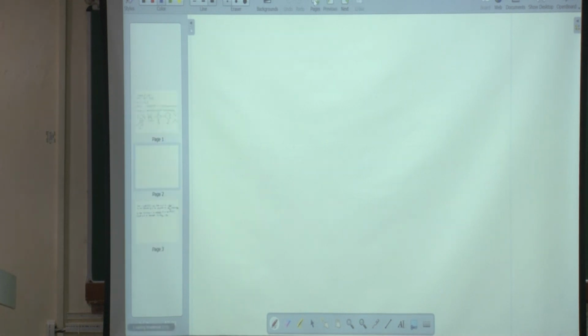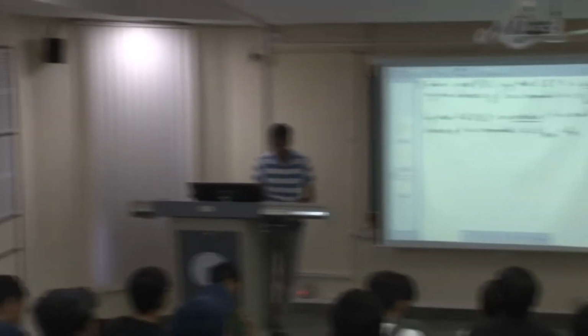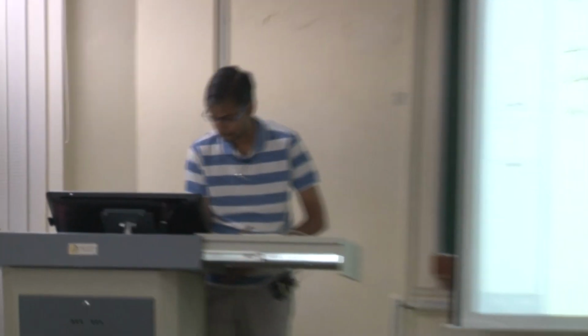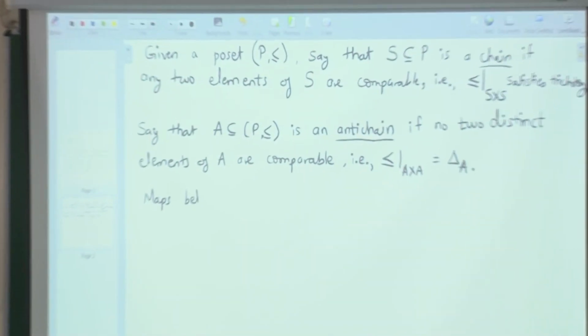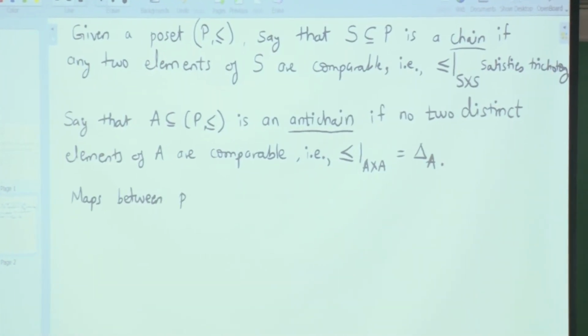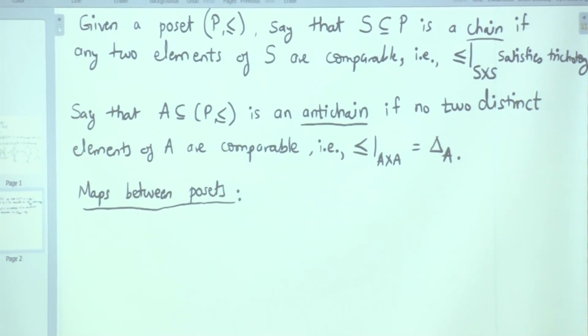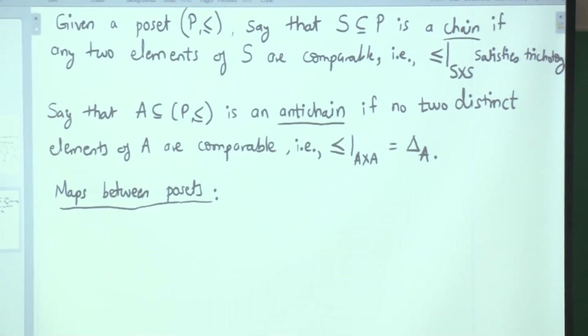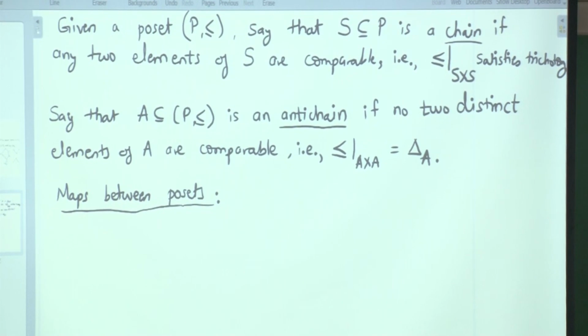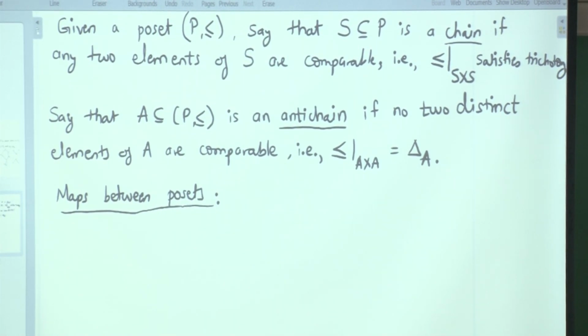So now that we have seen these concepts of chains and anti-chains, now we would like to understand what are the maps between partially ordered sets. Naturally, whenever we study morphisms or maps, they should preserve the mathematical structure.